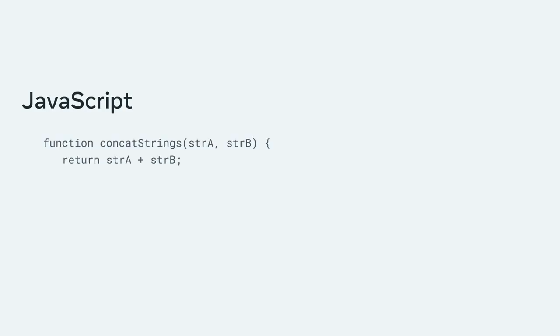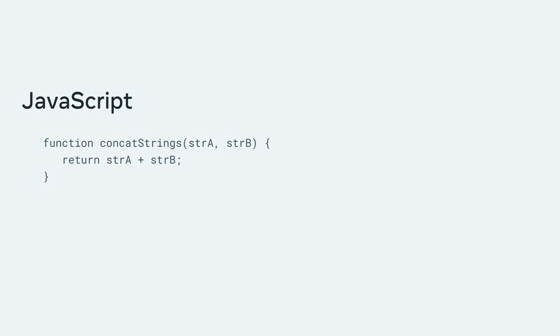Let's find out by coding a custom concat strings function. For example, I can create a concat strings function to join any two strings that I give it. In this case, I want the function to join string A and string B that are received as arguments and return the result.